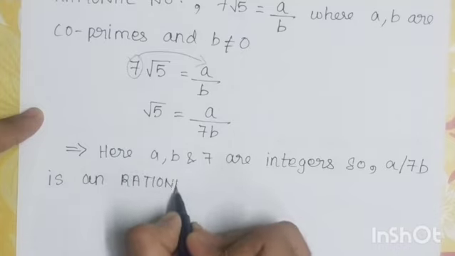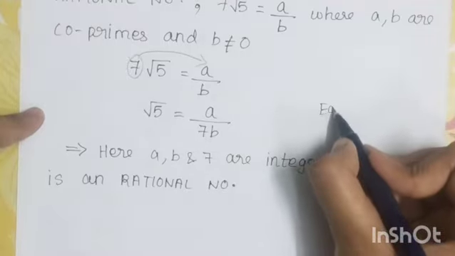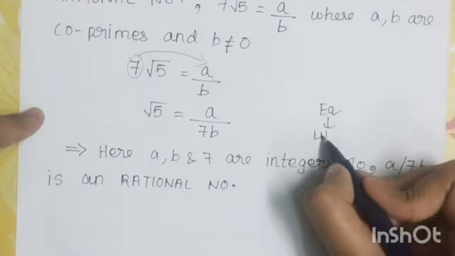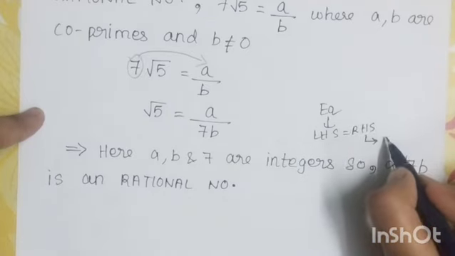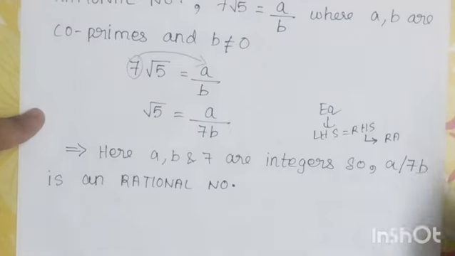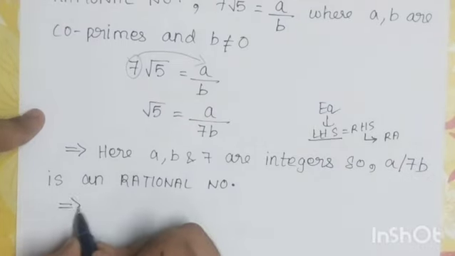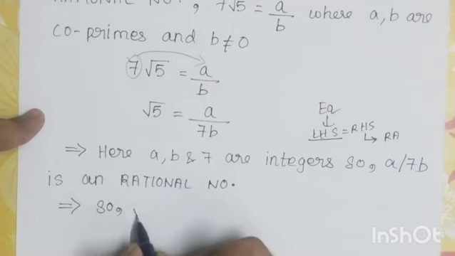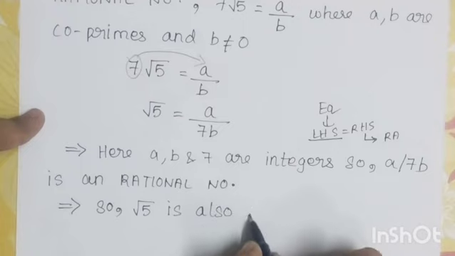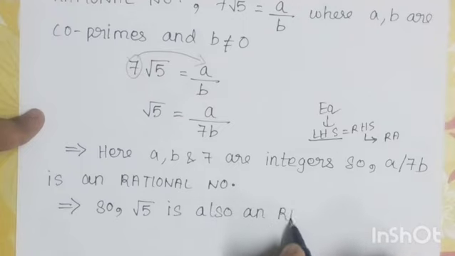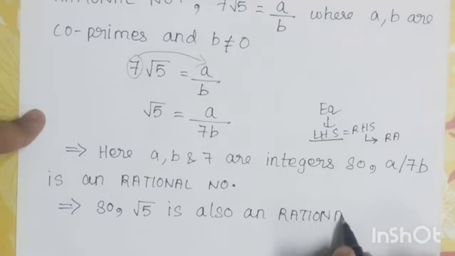In an equation LHS equals RHS, where my RHS is now a rational number, so my LHS will also become a rational number. So root 5 is also a rational number.